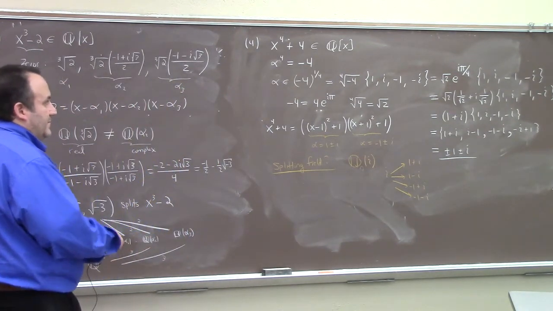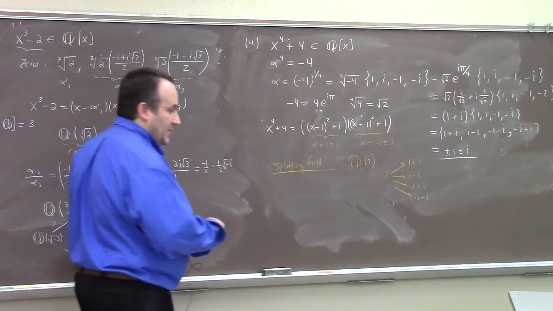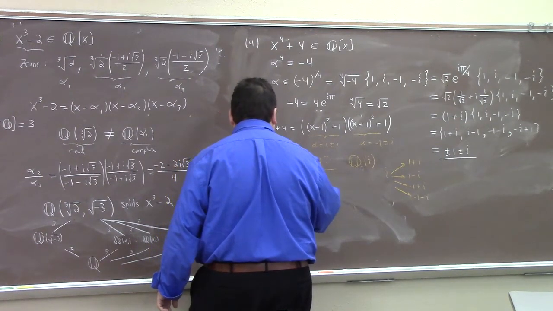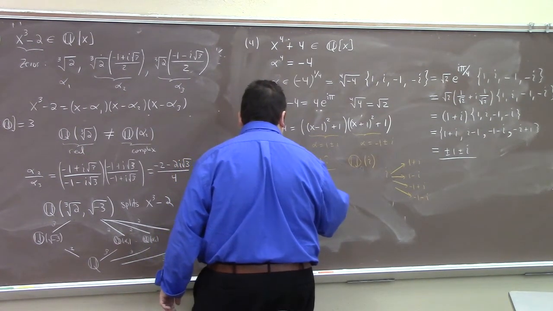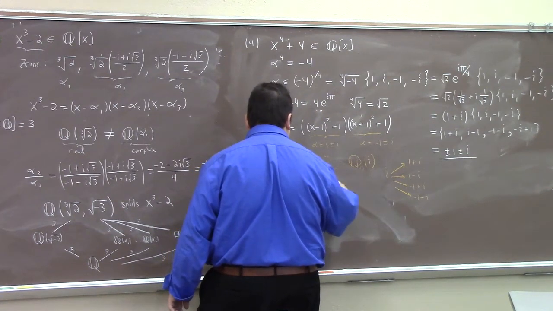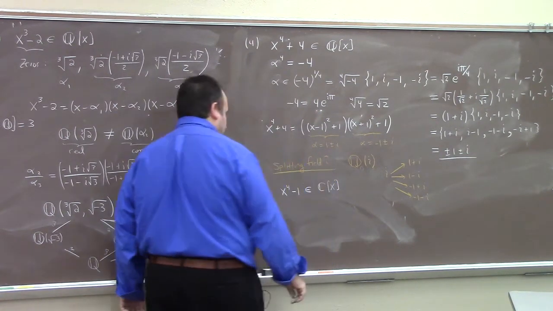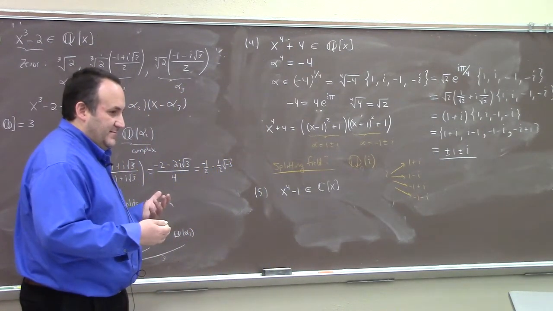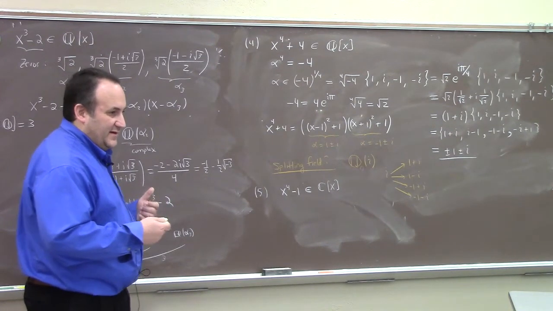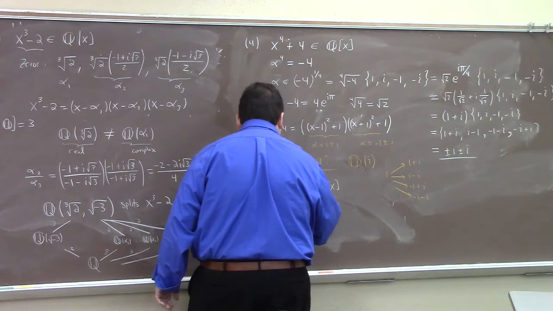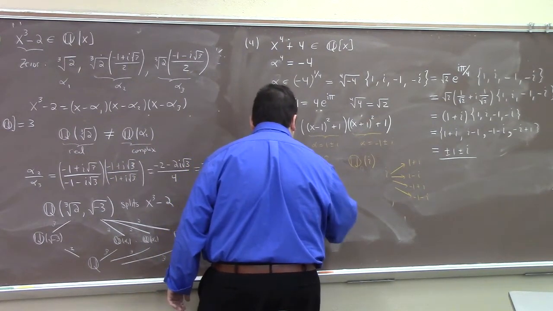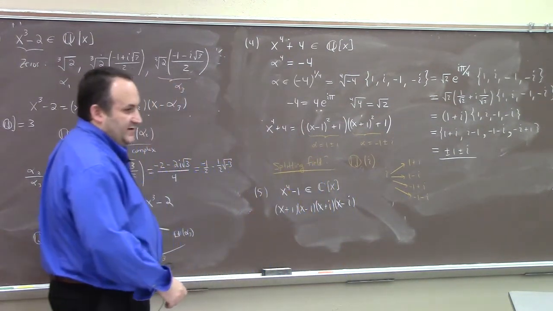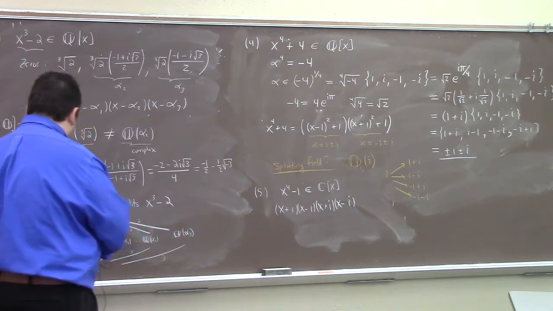So they're not unique to the degree of the polynomial. And just don't forget, you can have something like x to the fourth minus 1 in C. I mean, this is very silly, but it's already split in C. This is x plus 1, x minus 1, x plus i, x minus i. So it's already split in C.